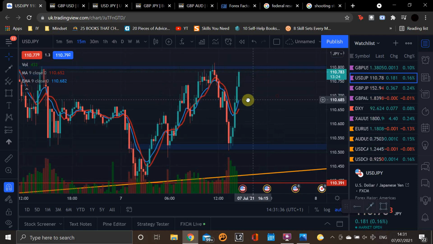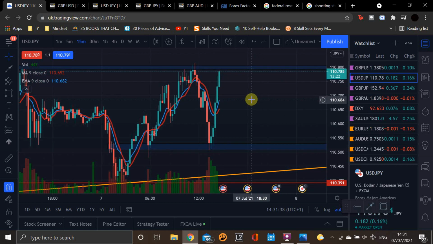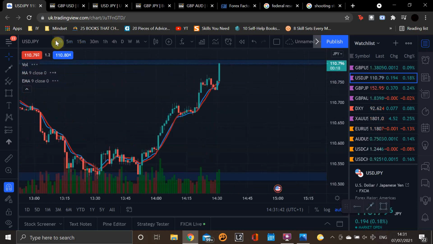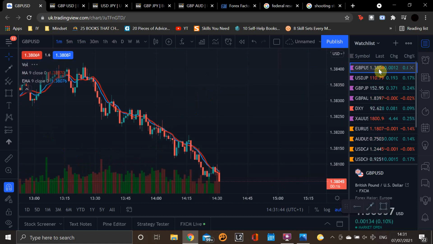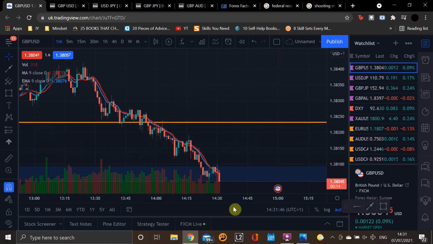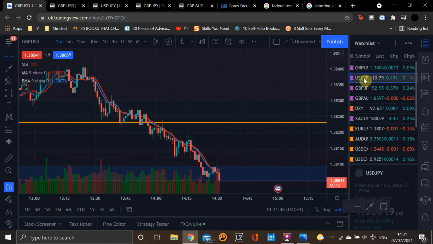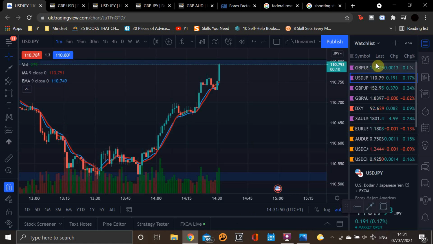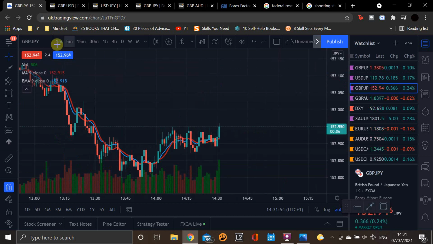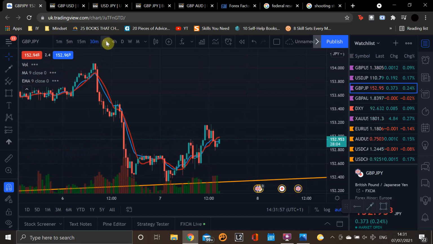It's gonna break out. Very strong bullish movement. We'll see what it does at this area. Wow, so much happening here.